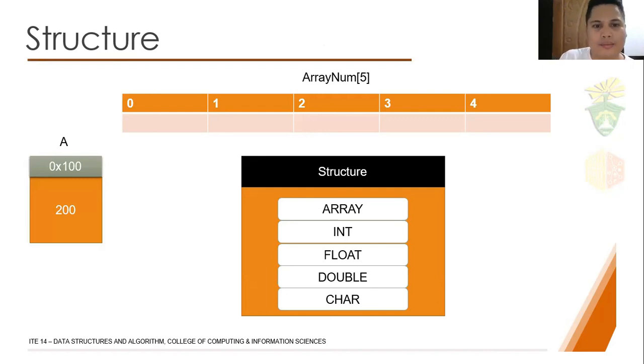That is the structure. Okay, so you get that a basic data type can only hold one value at a time. To address that limitation, the array came in, which can hold many values but they must have the same data type. Meaning if it is an integer array, like int array num, only integers can go into that array. An array cannot store values of different data types. So now comes the structure.